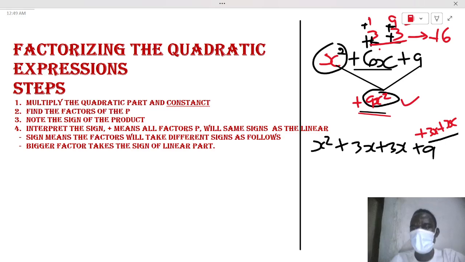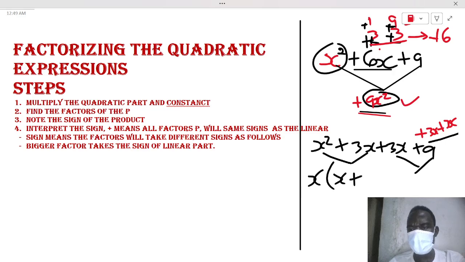Then you group, taking this one, this one, this one and this one. Then you factorize as I taught on binomial expressions. The common factor here is x, so put x outside: x into x squared is x, and x into 3x is 3.